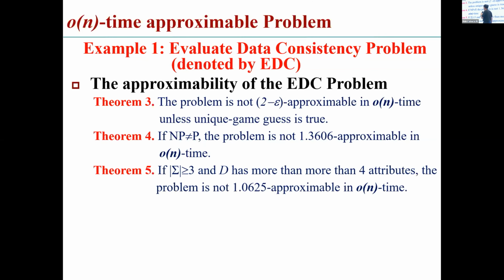And if sigma has more than 3 rules and D has more than 4 attributes, the problem is not 1.0625-approximable in sublinear time.